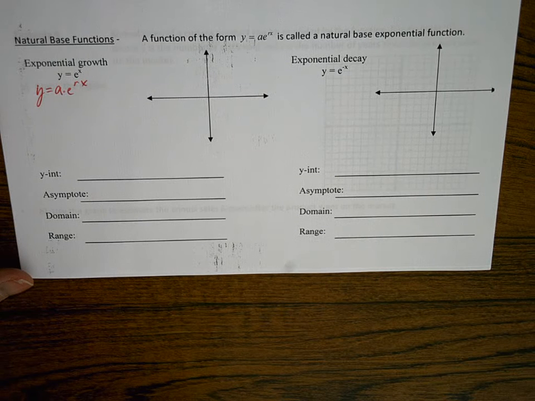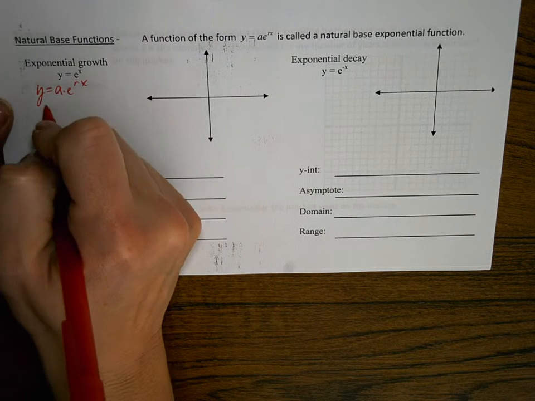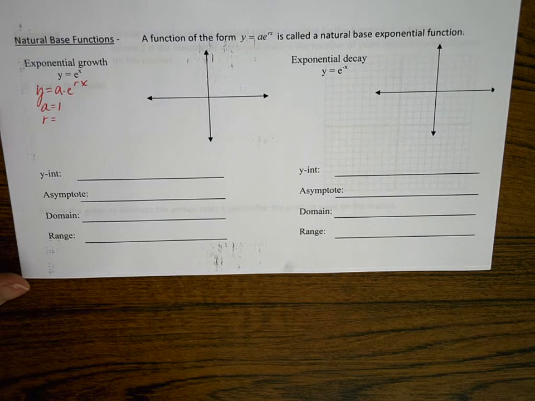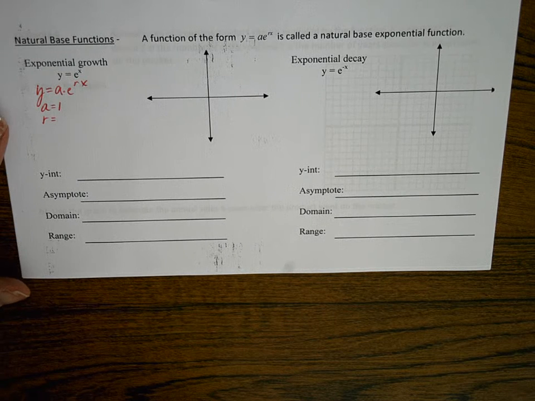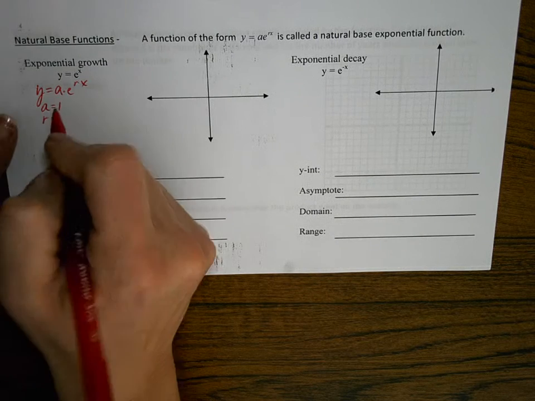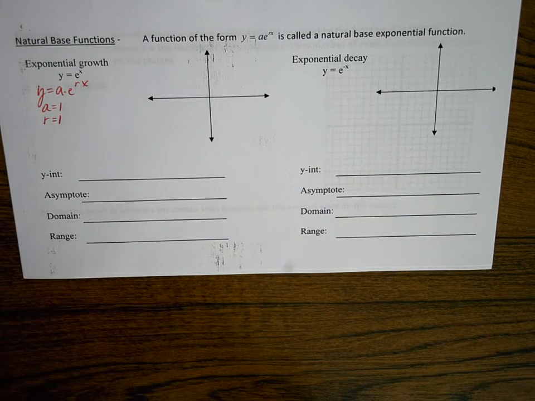Now, what number do I have for a? 1. What number do I have for the r value? The r is the coefficient on the front of the x in that exponent. A 1.